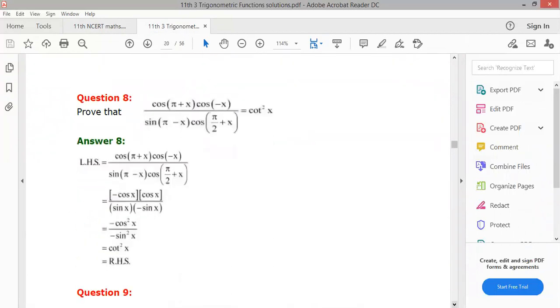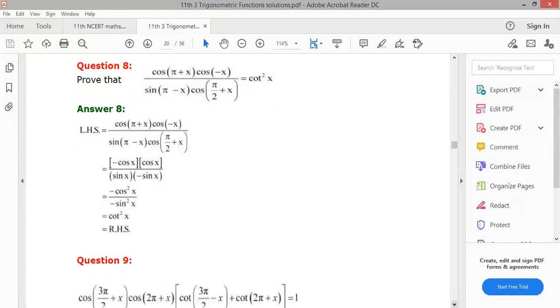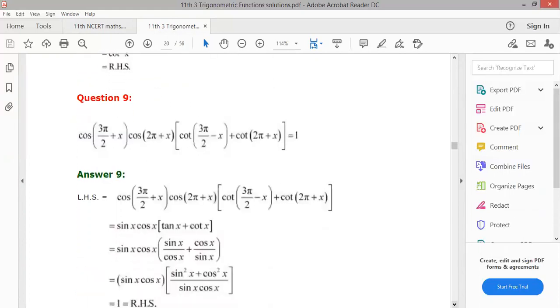And here question number 8, very simple: cos of pi plus x, sine of pi minus x, and here the complementary function concept is used. You see, it's very simple. Question number 9, once again the same.